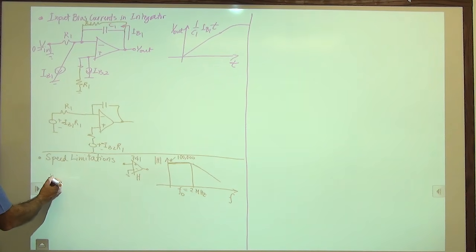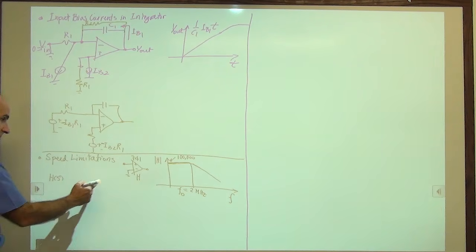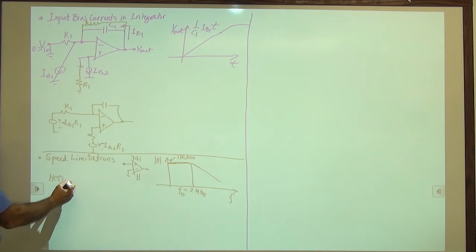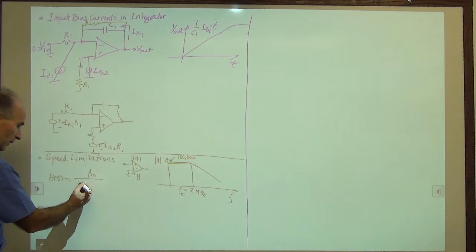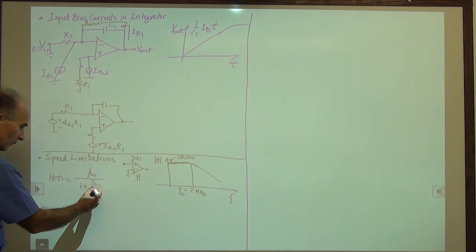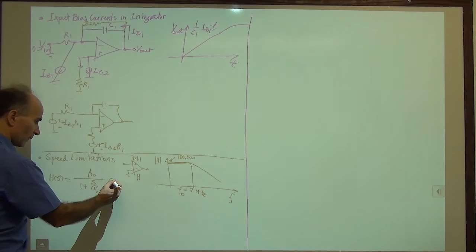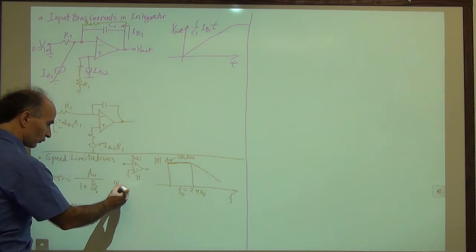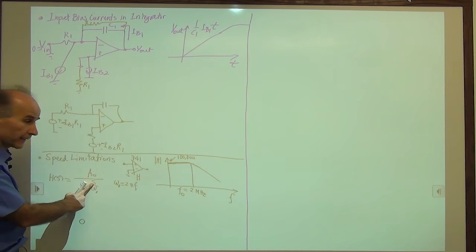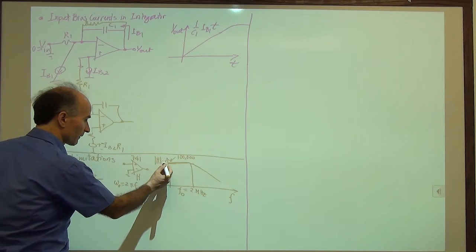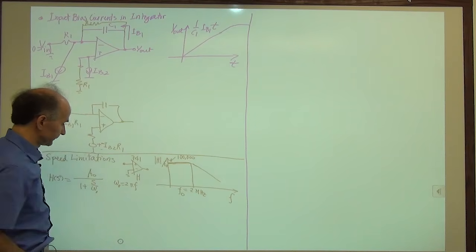We'll say H of S for this op-amp from here to here is equal to A0 over 1 plus S over omega 0. Omega 0 is just 2 pi F0. We need that because S itself has 2 pi. And then A0 is this factor of 100,000.